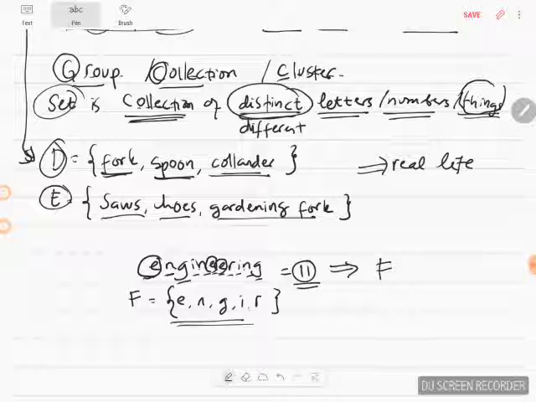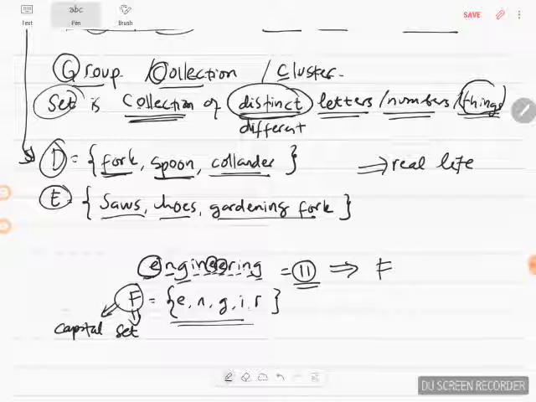So they are the members of F. They are the elements of F. And in set, we always need to write it in the form of this bracket, like that. And if you want to close it, like that, okay? So that's how you write set in mathematical way.